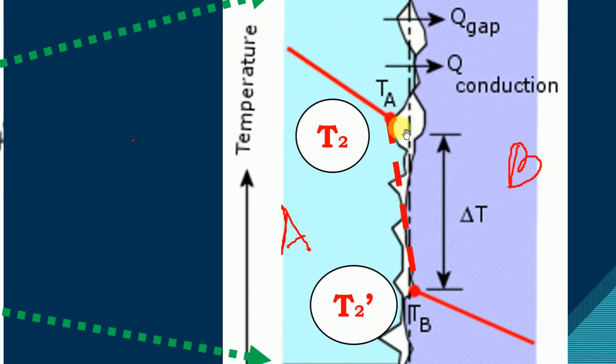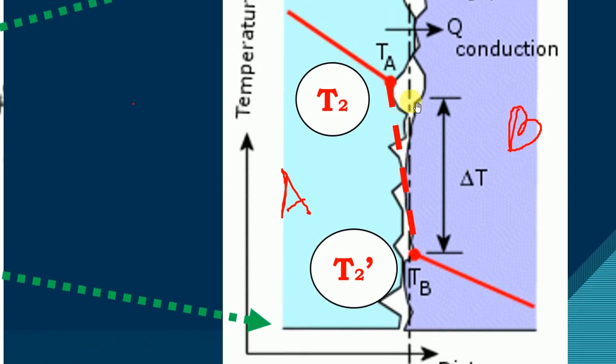Here there is an air gap, and here is an air gap, whereas they are mating at these points. Heat can pass directly through these points, but the air gap provides an extra resistance, because air has very low thermal conductivity, so when heat tries to transfer from material A to material B through the air, the heat transfer is very small. So the area available for heat transfer from A to B is at the peak points.